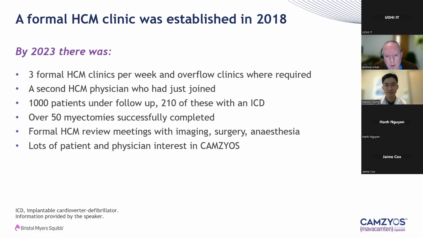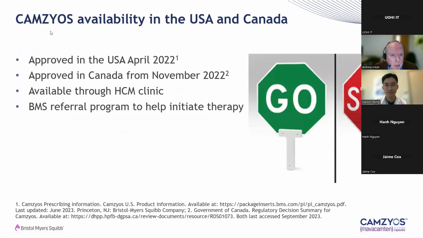The patients are often involved with the HCMA, which is the American Society for Hypertrophic Cardiomyopathy, and in America they had mavacamten a year before Canada. So we got mavacamten in Canada at the start of January. Effectively, it was approved a little bit before that, but wasn't really available to us to prescribe until the beginning of January 2023.